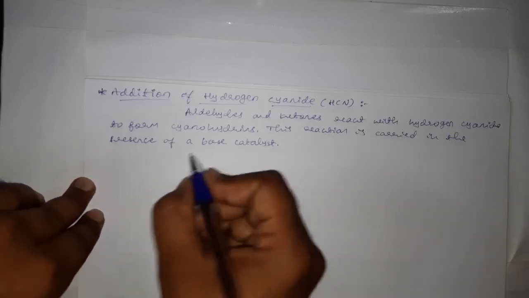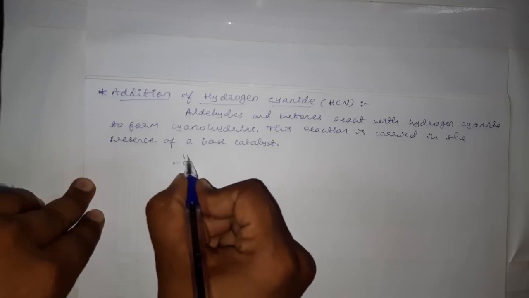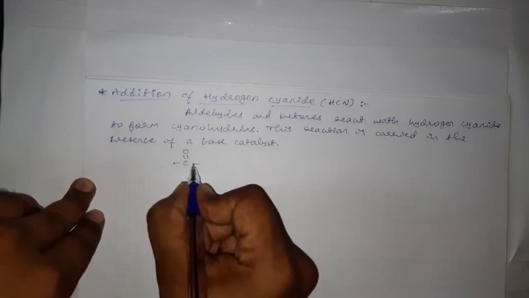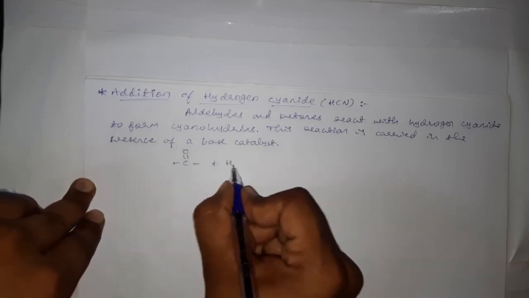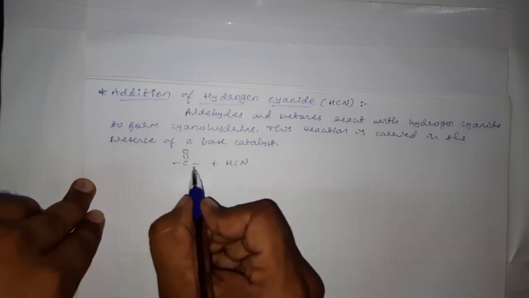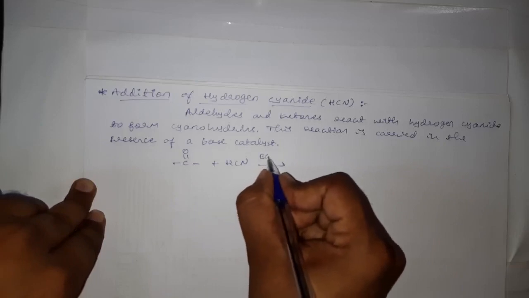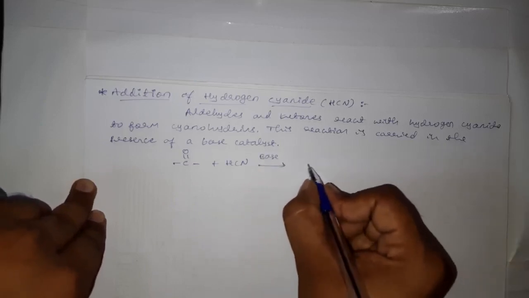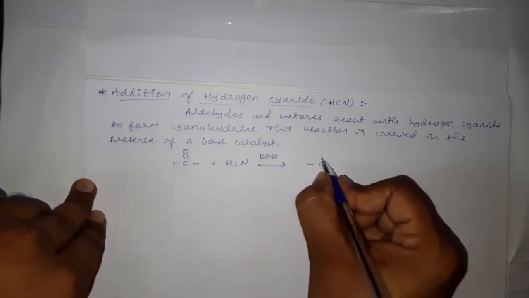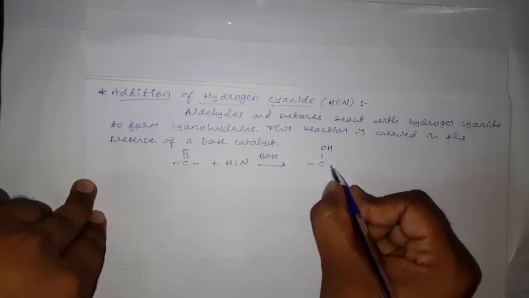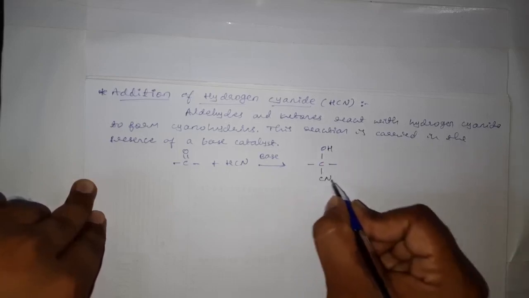We can write the general reaction: C double bond O plus HCN. When the aldehyde or ketone is treated with hydrogen cyanide in the presence of a base catalyst, we get C single bond OH single bond CN.